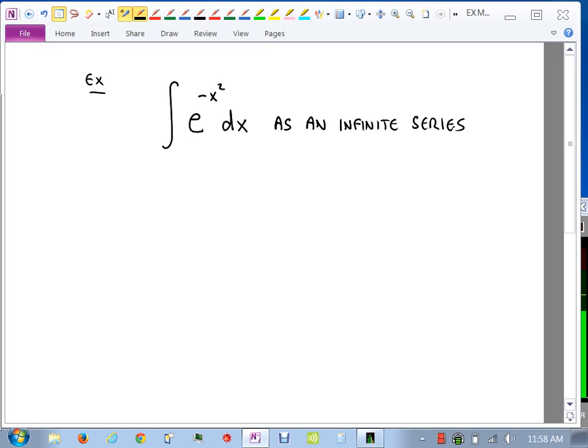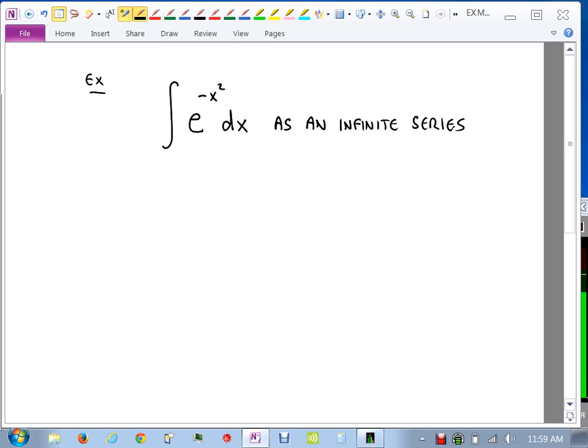Now, the antiderivative of e to the negative x squared is a very famous integral. You cannot determine that integral in a closed form. In other words, there's no technique of integration. There's nothing anyone's ever going to do to make that happen. Even Wolfram Alpha is not going to be able to get it. So the only way to do it is with an infinite series.